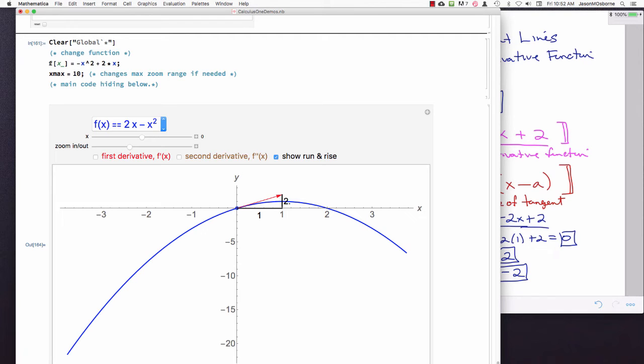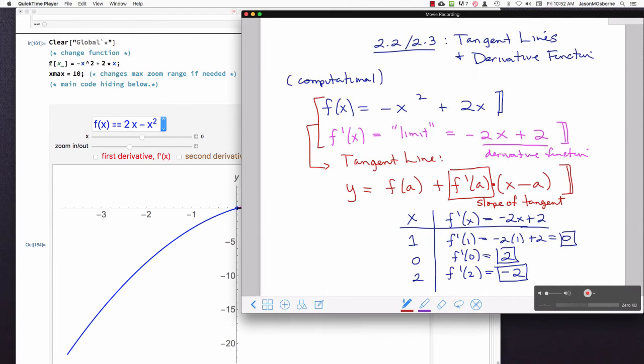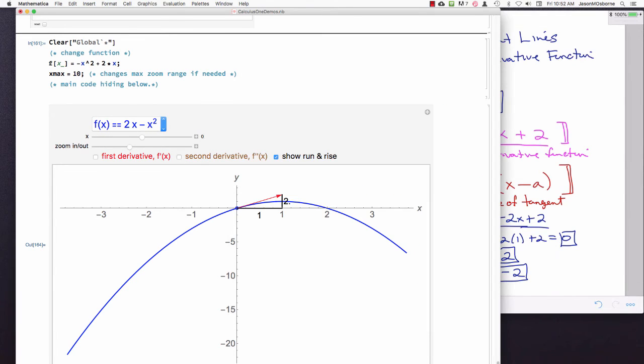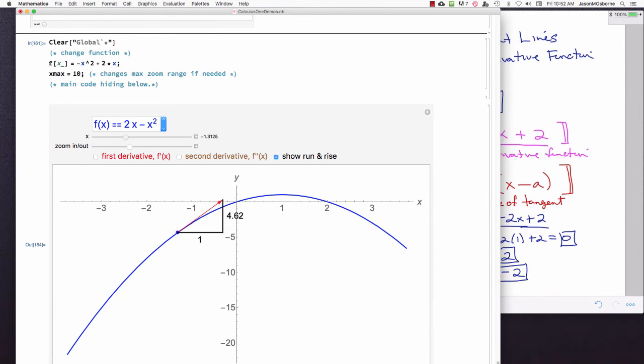The slope of that line is 2, and we can compute the equation of the tangent line using the red formula shown here. So that's all we're doing. The derivative function lets us take any value of x that we're interested in, anywhere along that curve. And those numbers that we can see changing, the slope, that is what the derivative function is giving us.